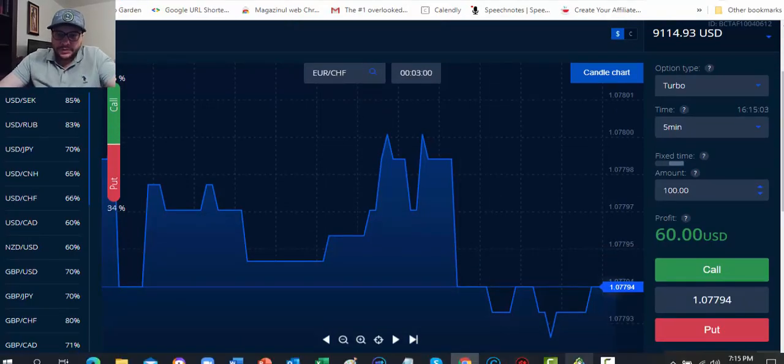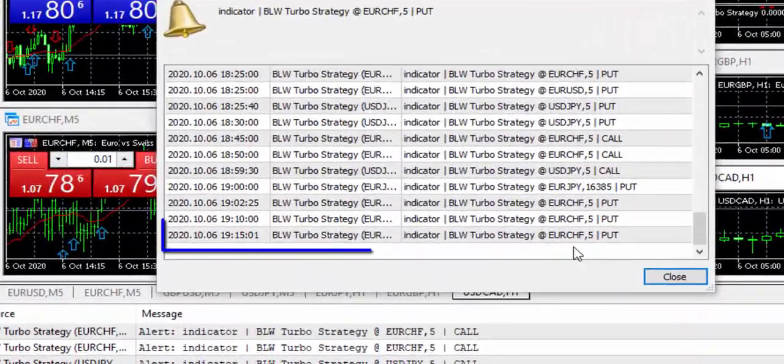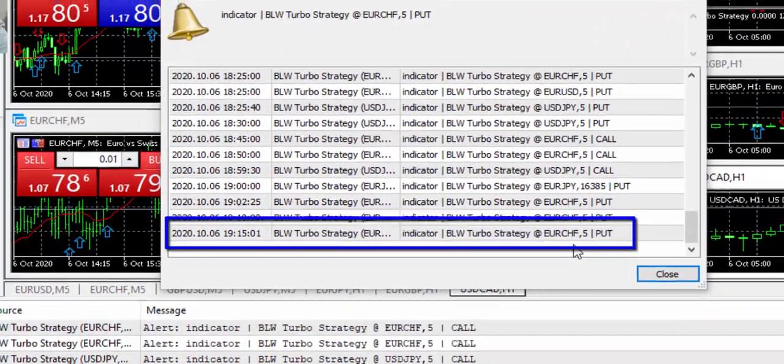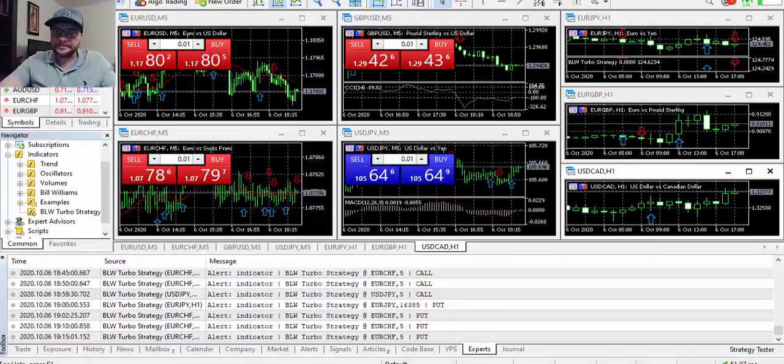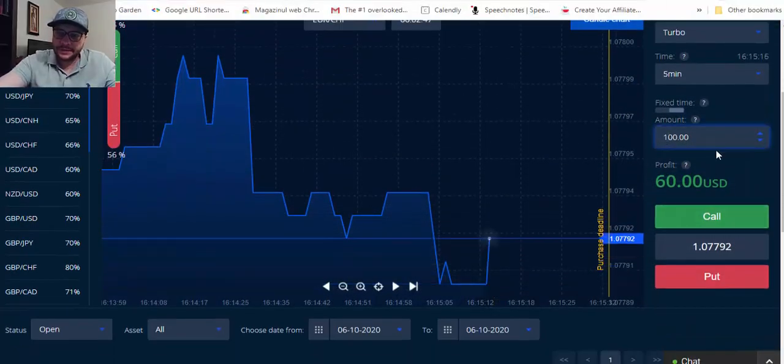All right, so we have another signal. Let's have a look. On Euro Swiss franc, it is also a put. All right, let's increase this to $300.